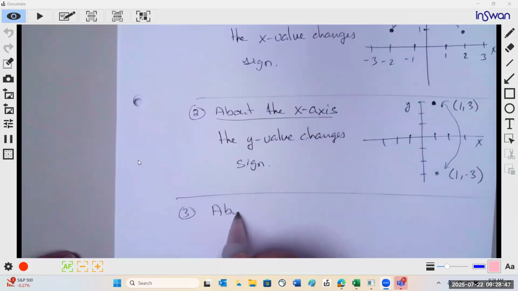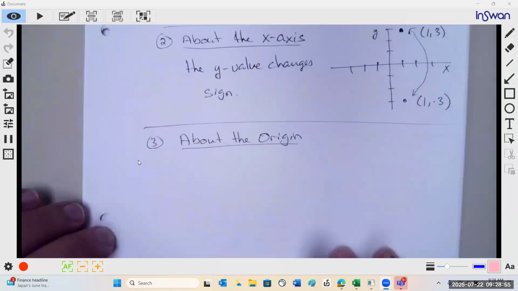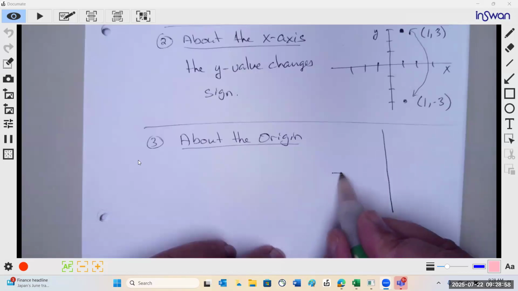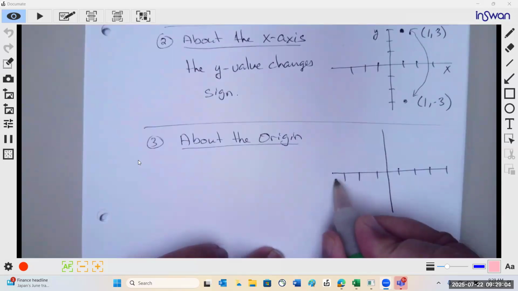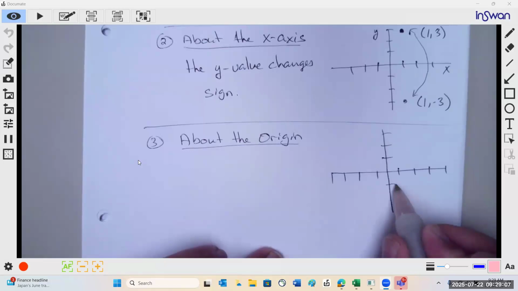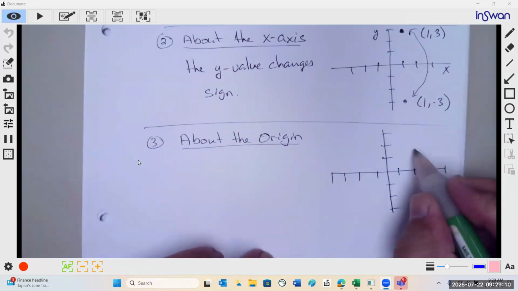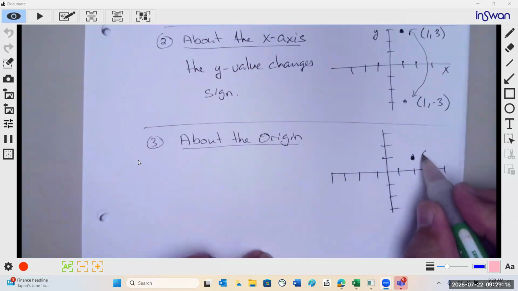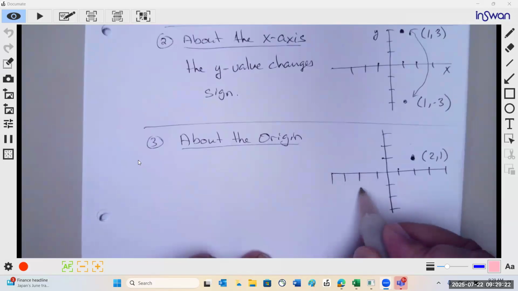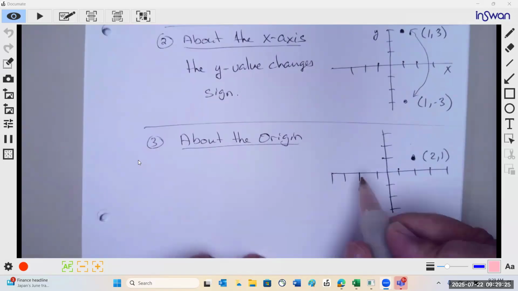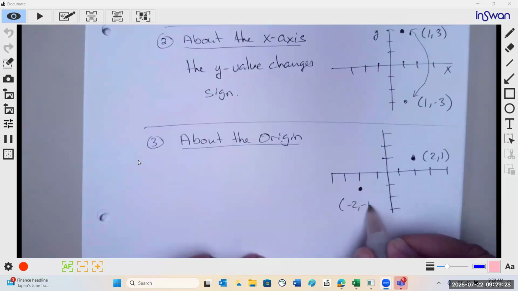And then the third one is about the origin. Location of this one is 2, 1. If I flip it across the origin, it will go to -2, -1.